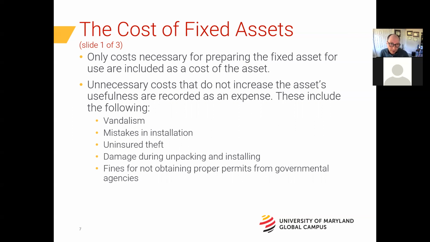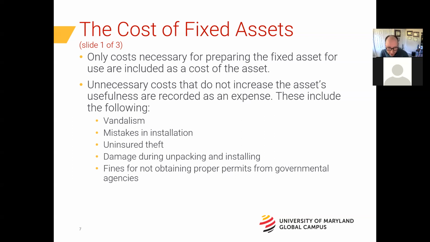So there are what we call costs that can either increase its usefulness or not increase its usefulness. When it does not increase usefulness, we record the cost as an expense.